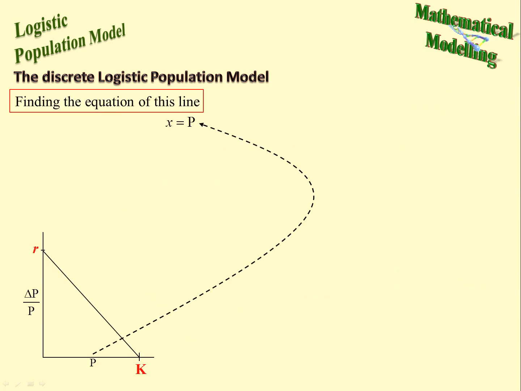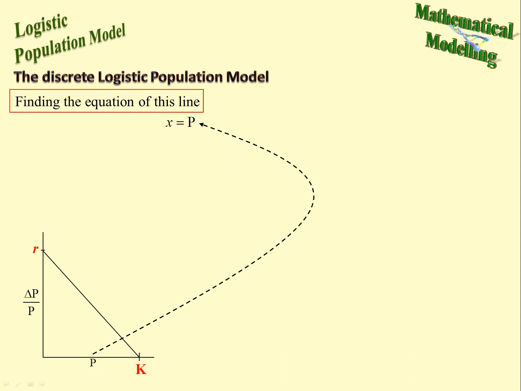Let's find the equation of this straight line here, because if you look at it, we have the y-intercept, we have the x-intercept, and those alone should give us the equation of the line. Well, they will. P is the x.